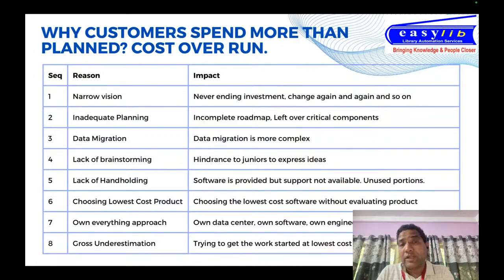Of course, we'll go into the reasons and what needs to be done to reduce the impact. But if you have this lack of brainstorming, many times some of the people know what exactly is to be done, but they are afraid to tell their ideas. So that's one of the reasons for the cost overrun, wherein hindrance to the juniors to express their ideas freely causes the project to have the cost overrun.